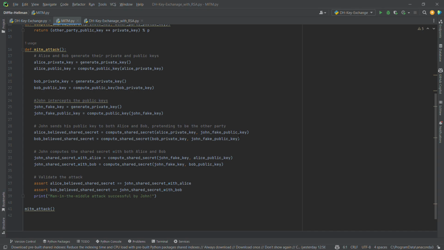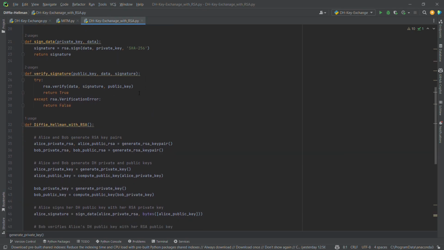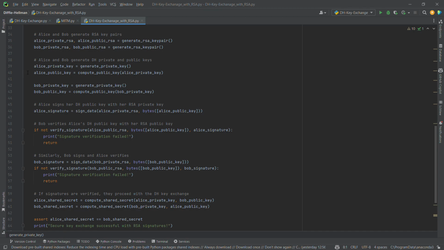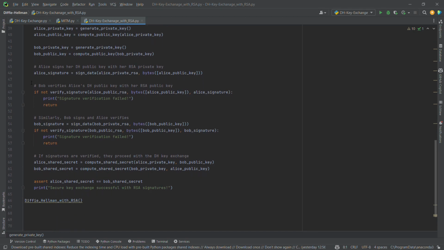But in this particular scenario, we can prevent this if Alice knows what Bob's public key looks like, and Bob knows Alice's, so they can verify the authenticity of their public keys. So in this function, they calculate their RSA public keys and private keys, and they generate private keys and public keys for Diffie-Hellman key exchange.